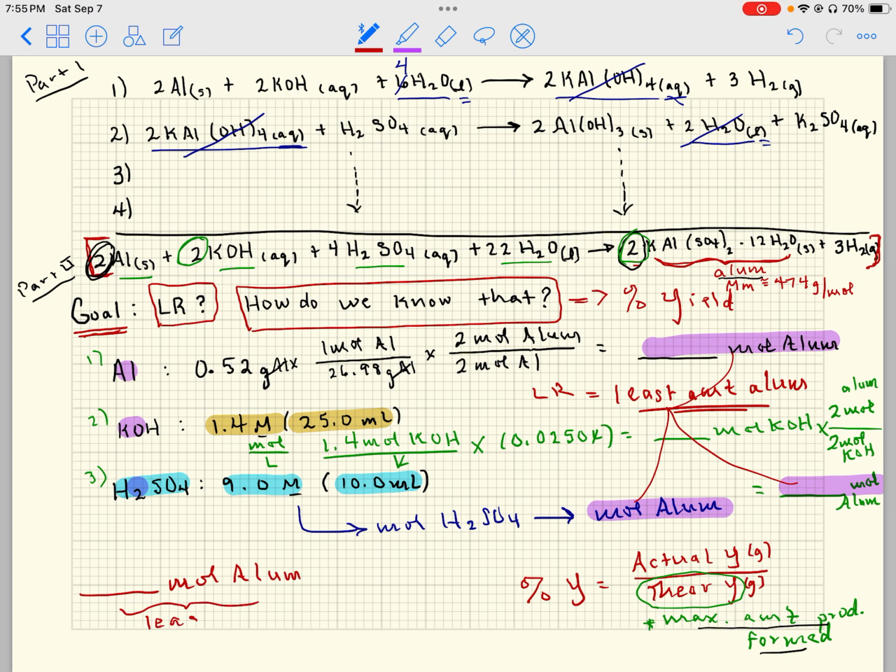And so as a result, that is actually equal to my theoretical yield. But notice it needs to be in grams. So I've got to do the conversion for every 1 mole of alum, and you will have the molar mass that you have found from above, and you'll place it right here.